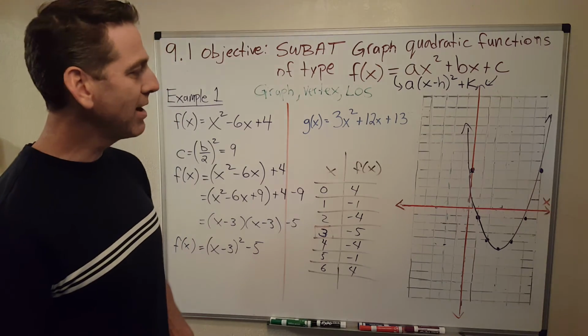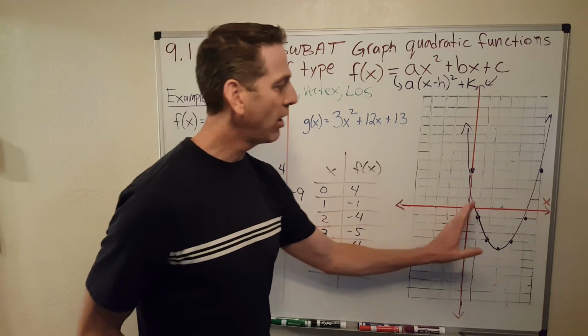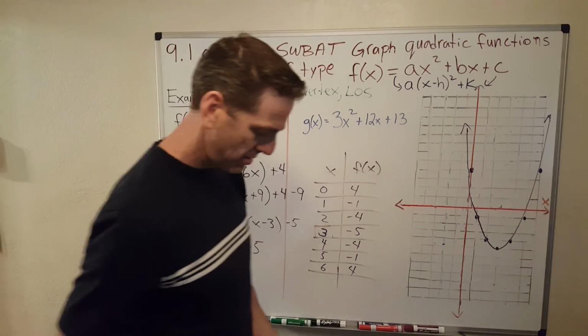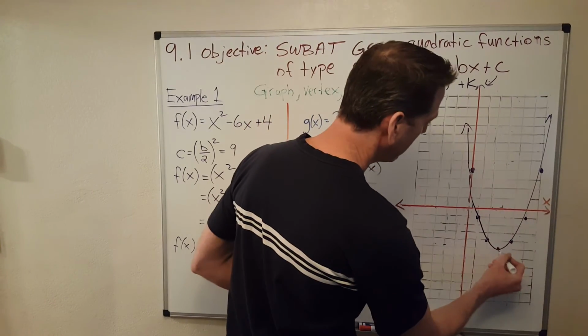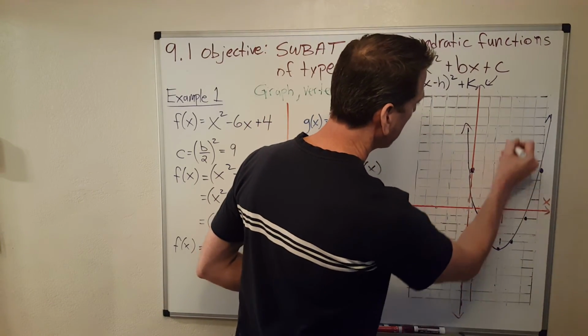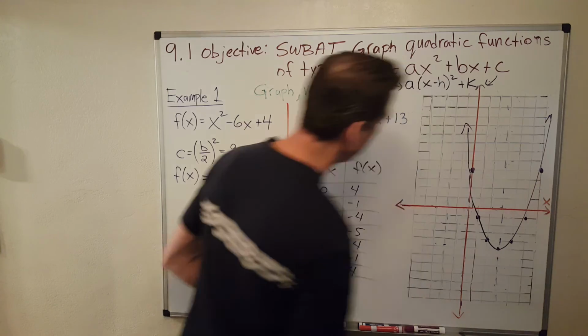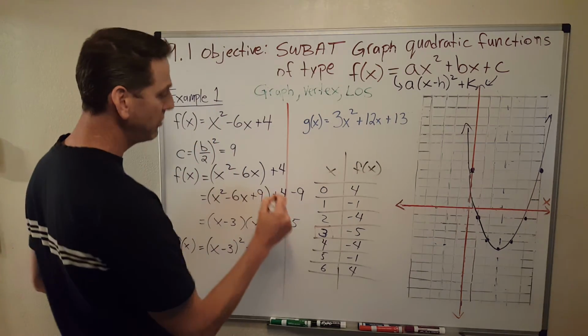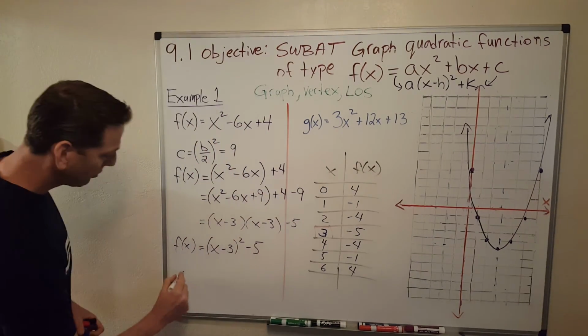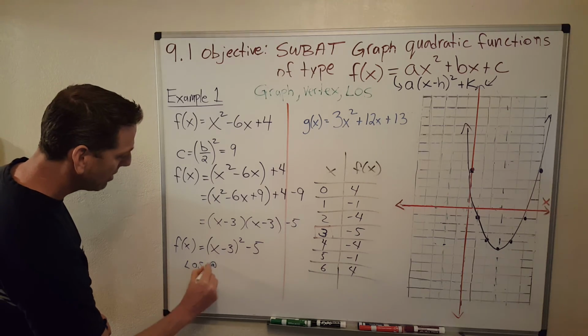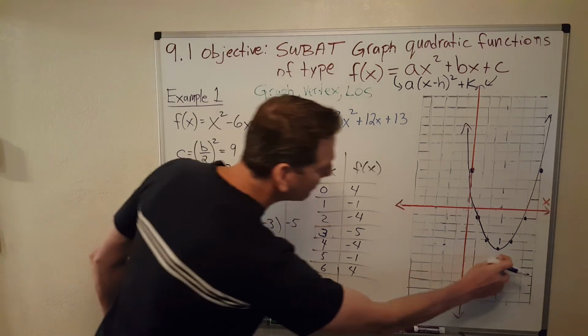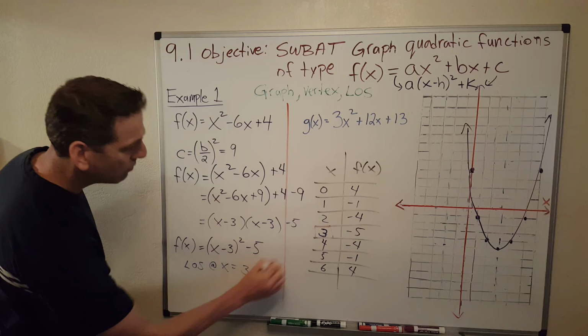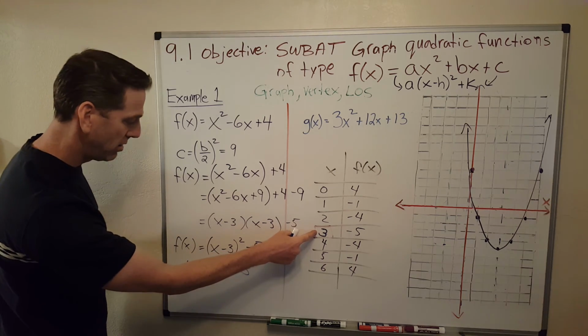Okay, so that kind of confirmed our suspicion. It was our line of symmetry. Our line of symmetry is at x equals 3, which is what we thought it would be.